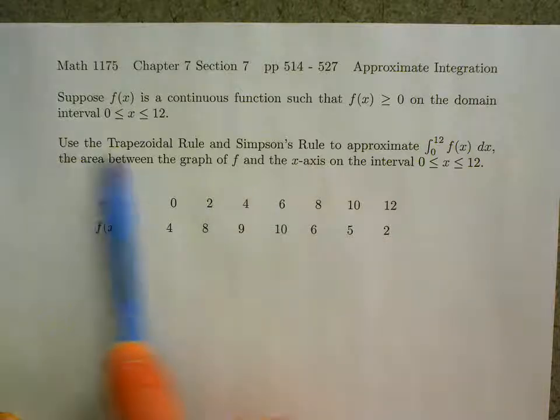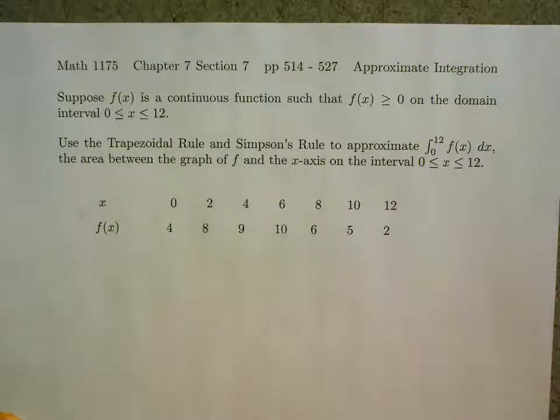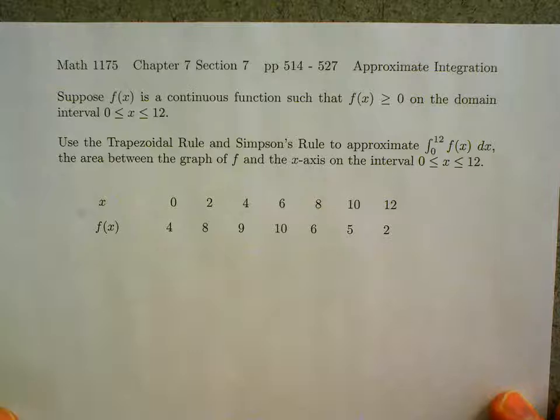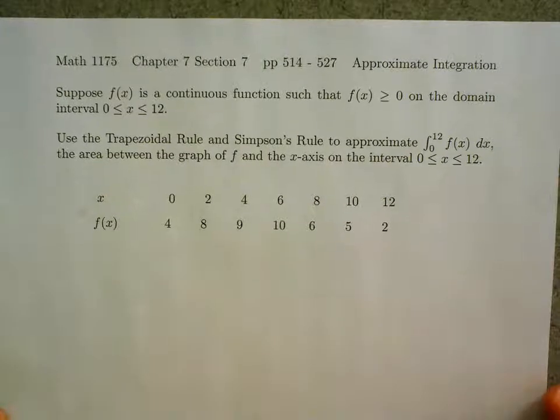So first, let's use the trapezoidal rule. So how many subintervals are there? Six? Yeah, 6. We have 7 endpoints, but there are 6 subintervals.